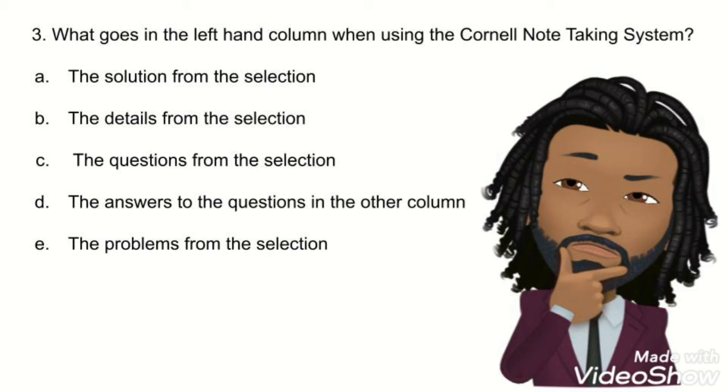You're taking your notes, and then on the side of those notes, you may want to write something. Now, by me not ever using the Cornell note-taking system, I had to ask myself, what would you write on the left side if you were using any kind of system?